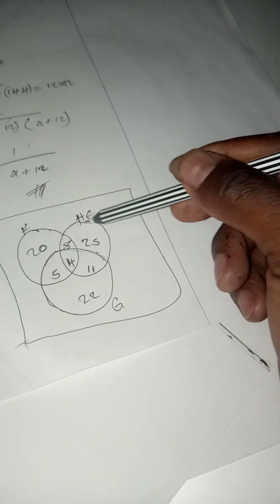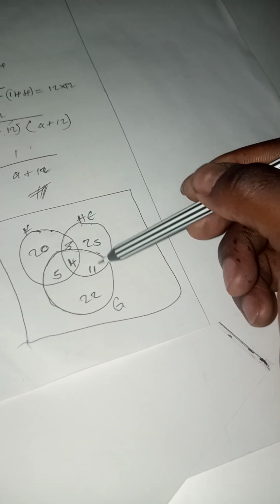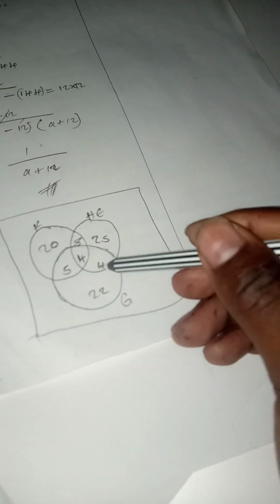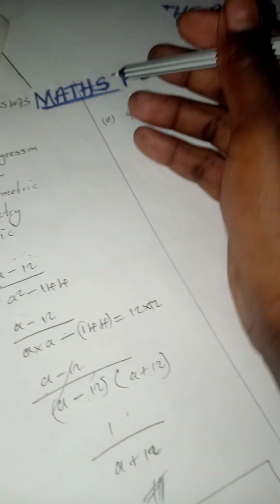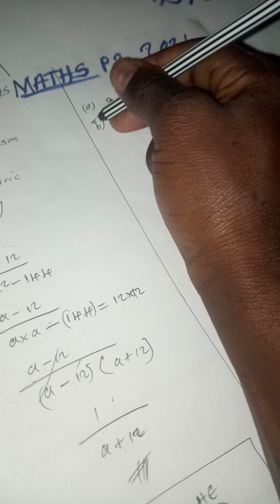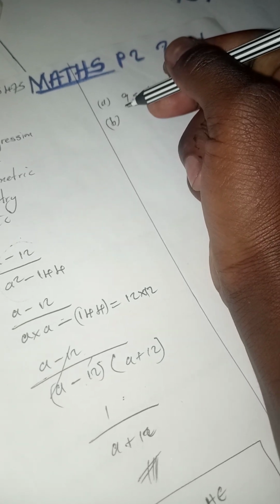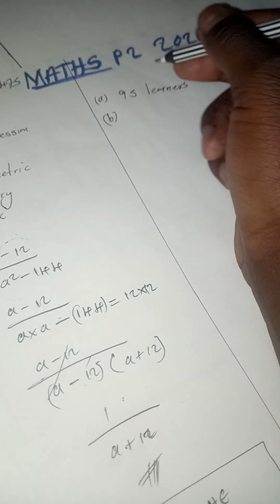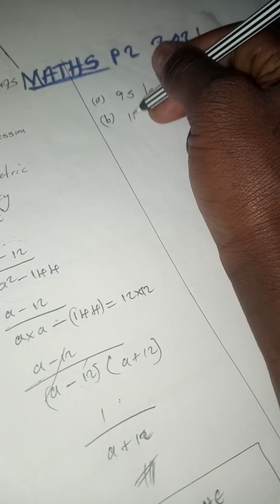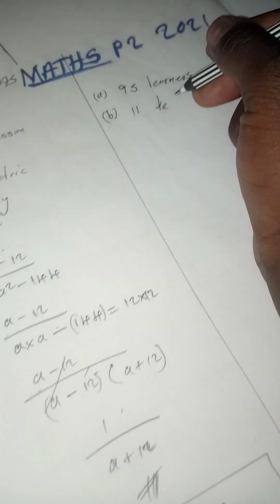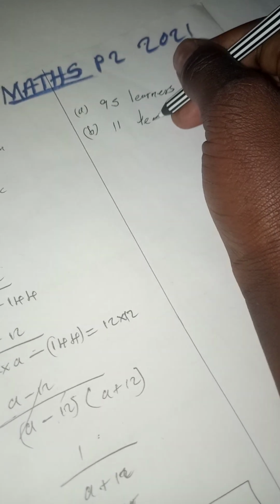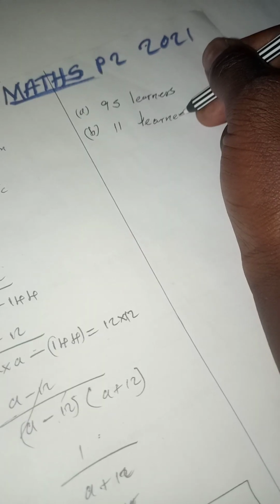So where are they? Home economics and geography, we only have 11 learners. So we are saying that B, those that take home economics and geography, there are 11 learners. Let's go to C.